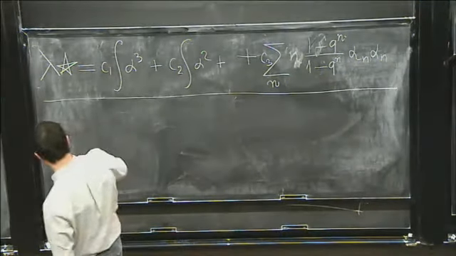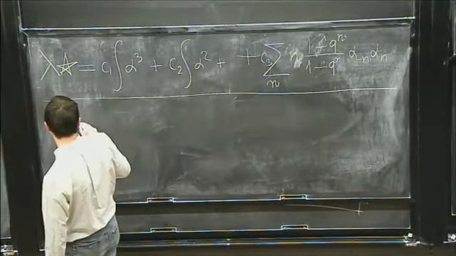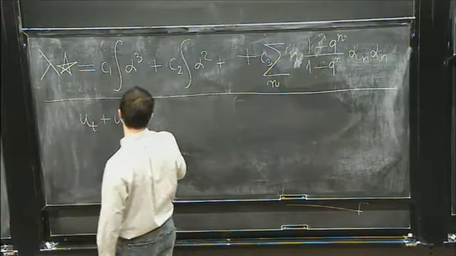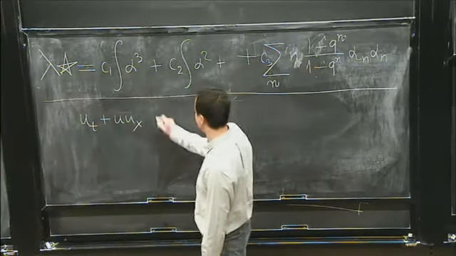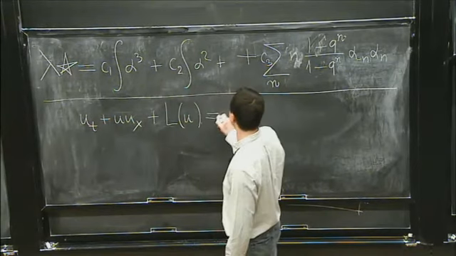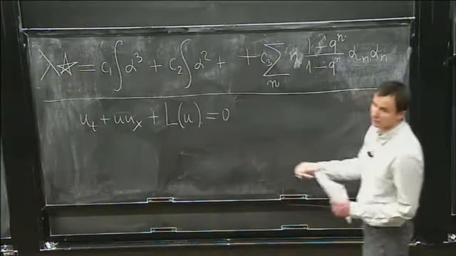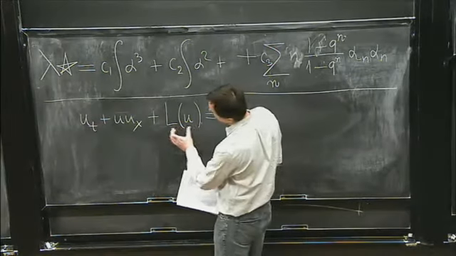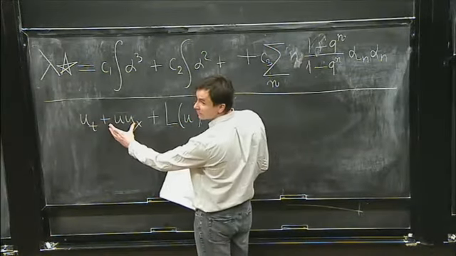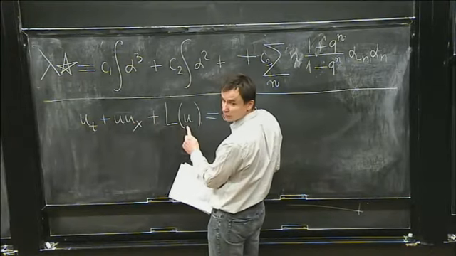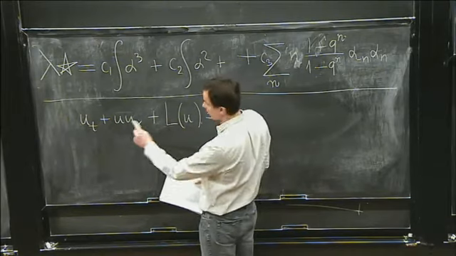Well, in one dimension you write something like this: u t plus u u x, the transport equation, plus a linear operator of u. The goal of this linear operator is that at the linearized level, you have a particular dispersion relation. That is to say, waves of a certain frequency propagate with a different speed.